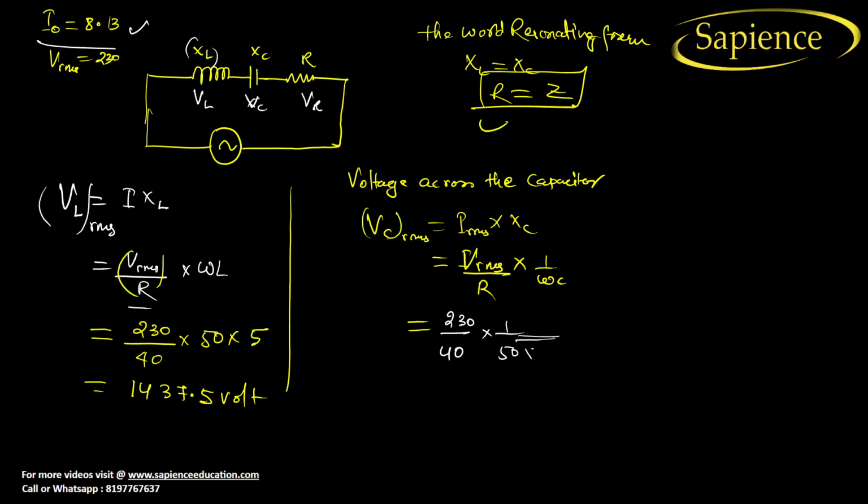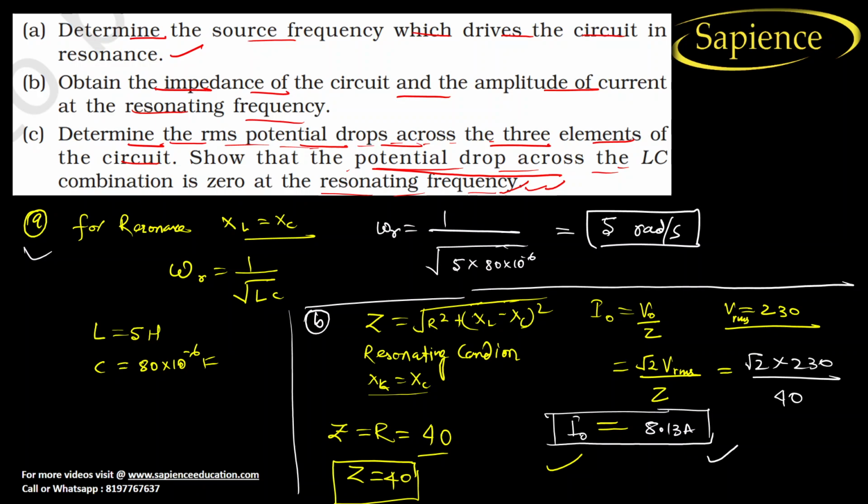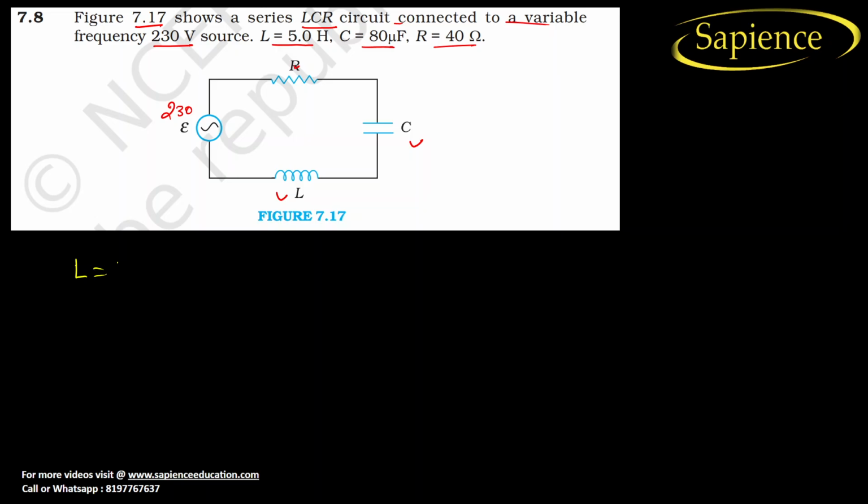Here omega is the resonating frequency. Omega we have got as 5 radian per second, into C, the capacitance. How much have they provided? Capacitance C is 80 microfarad.